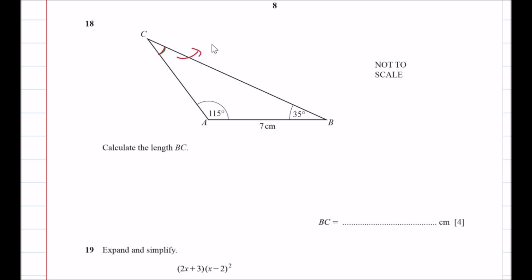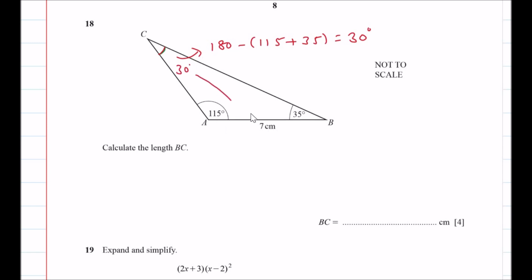This angle will be 180 minus 115 plus 35, that is 30 degree. So this angle we got 30 degree.